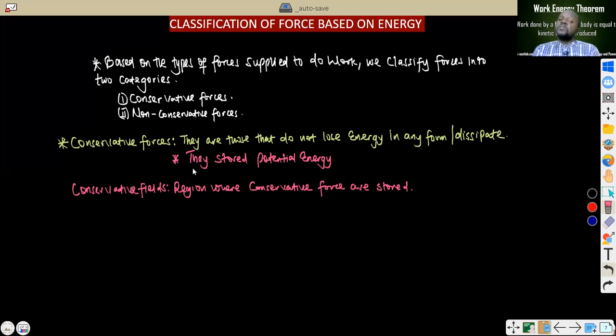Another point on conservative forces, which might be important for future use, is that when a conservative force is applied, the potential energy, PE, decreases. Now, why do we need to study this?